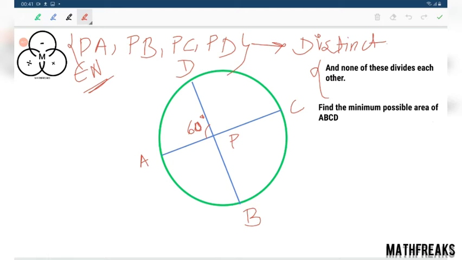The most important hint is that PA times PC equals PB times PD.